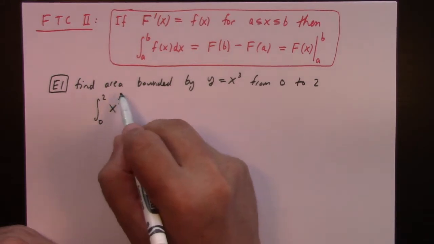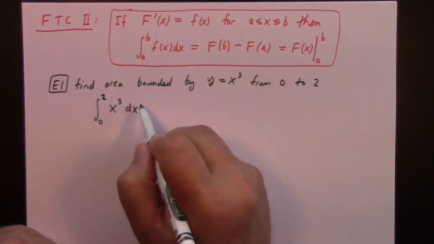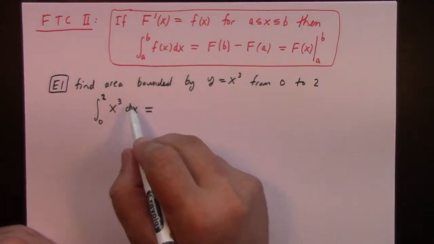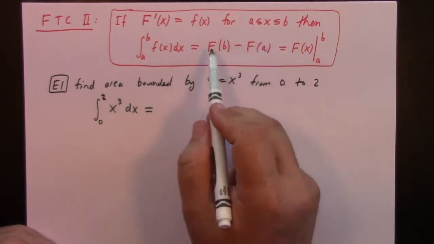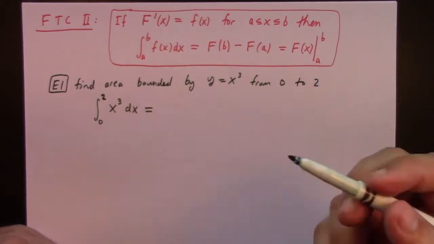Now x cubed is non-negative there, so this is the area, not the signed area. We'll talk more about areas bounded by curves in a future video. But I need an antiderivative for that. In other words, this says find an antiderivative, take the value of the antiderivative at the endpoints, and that will give you the value of the integral.